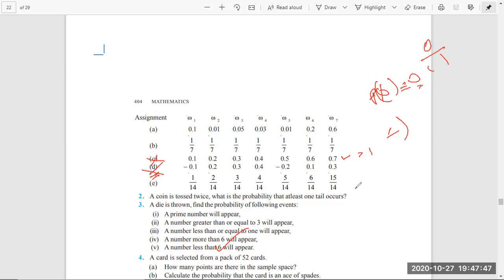If you sum up all the things, this individual value is greater than 1, and the sum is also greater than 1. So what you get is C, D, and E. A and B are valid assignments. Okay, question number 3.